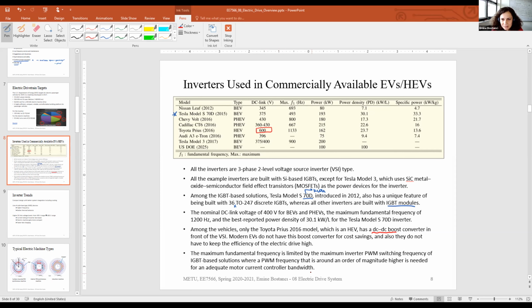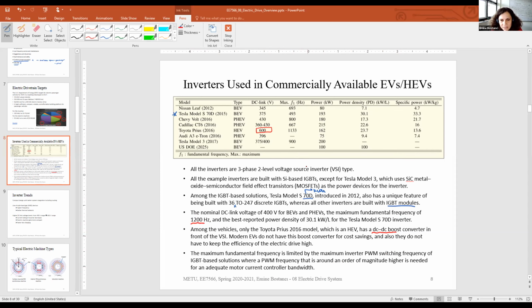Another important thing is the maximum frequency, which was written somewhere here as 1200 hertz or 1.2 kilohertz. Sorry, this is the maximum fundamental frequency. So this is not the switching frequency.